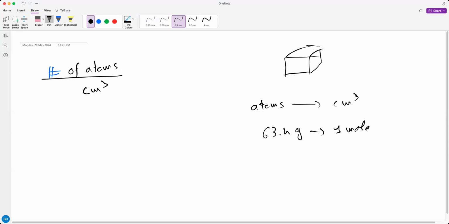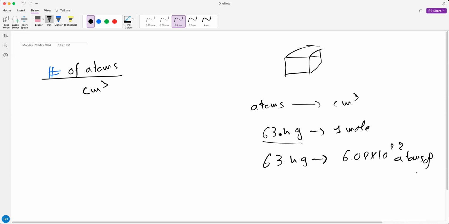One mole of copper weighs 63.4 grams. And this means that 63.4 grams corresponds to 6.02 times 10 to the power of 23 atoms of copper, because 1 mole is the Avogadro number, right? Are you following? Yes. Okay.